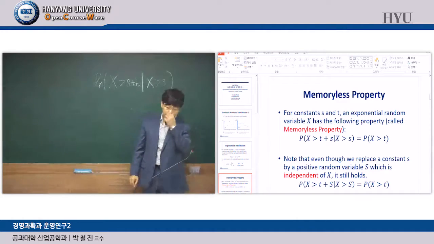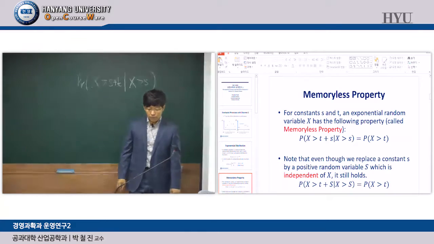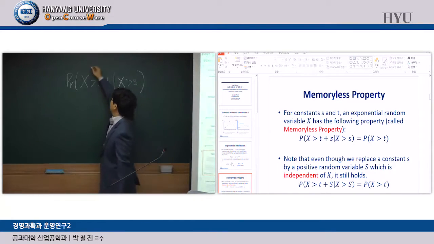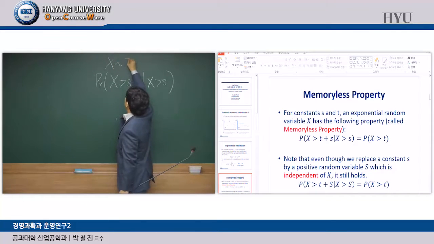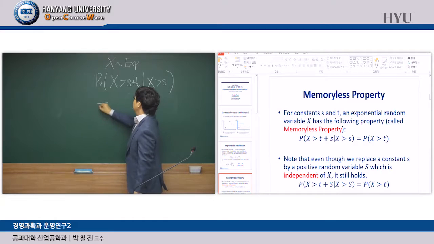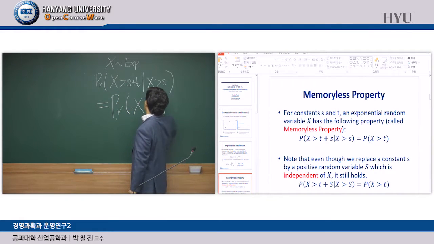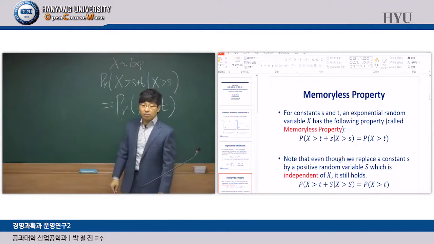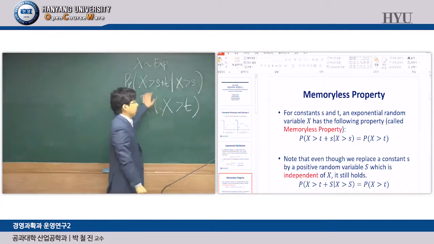For an exponential random variable, this is always true: it equals the probability that X is greater than t. We can ignore the conditional part with some manipulation.